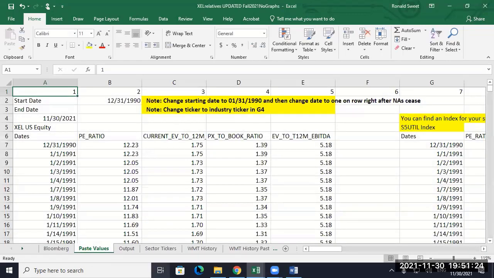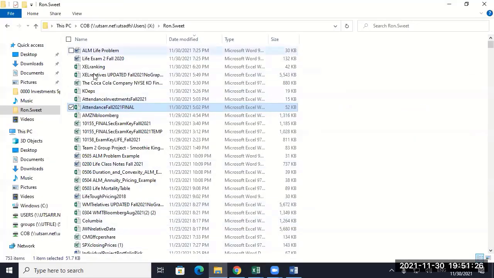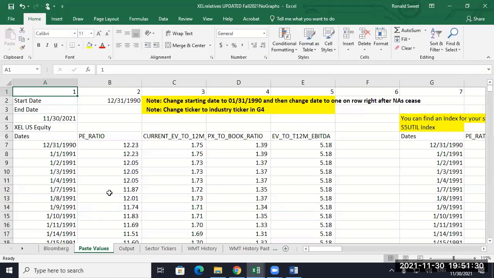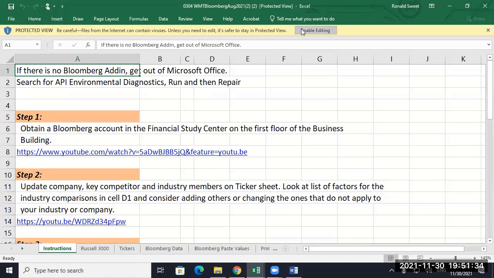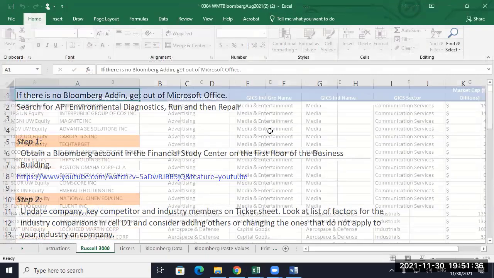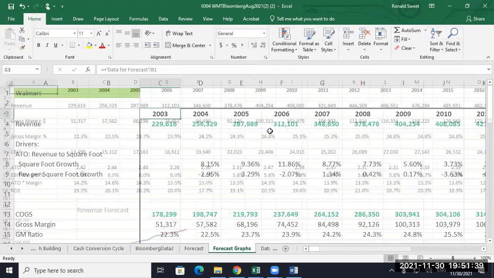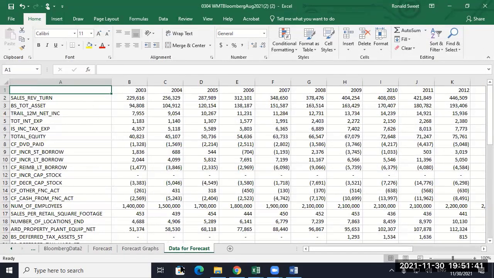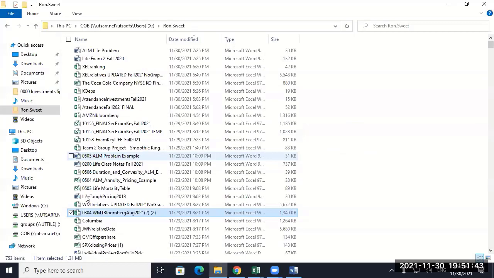And then the last thing you do is in your forecast model. I built it somewhere. I can't remember where I put it though. So we've got it somewhere in here.